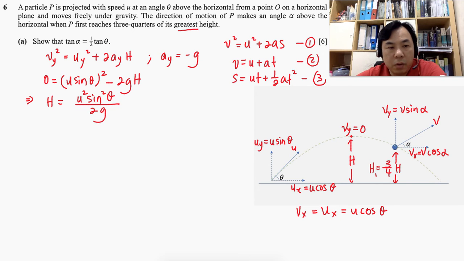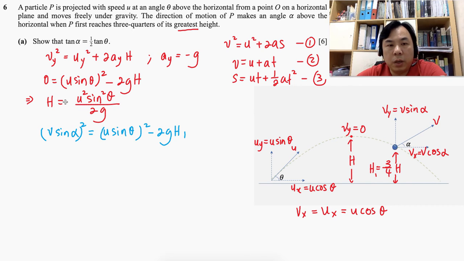So I can write down v sin alpha squared is equal to its initial, u sin theta squared, minus 2g h1.